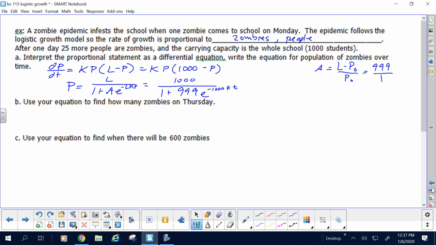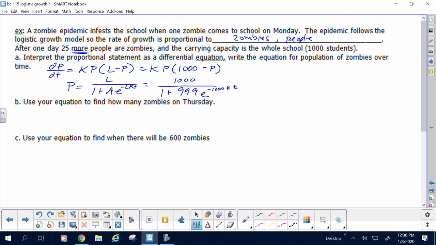So in that sense, it's kind of like those exponential problems. We don't always know K. Just for the initial amount, you don't get K. To get K, don't you need another case? Okay, this is the same. So with another case, you can find K. What's another case? After 1 day, there are 25 more people. More, underline more.